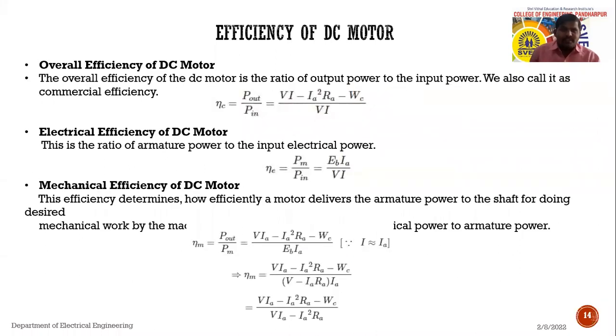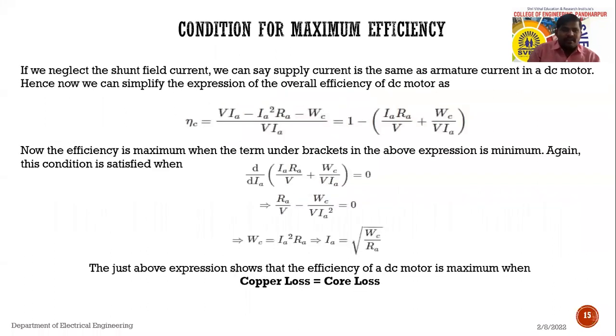See, as we know, we have already derived the equations for output power and input power. Also we know the equation of commercial efficiency. What is the formula for commercial efficiency or overall efficiency?